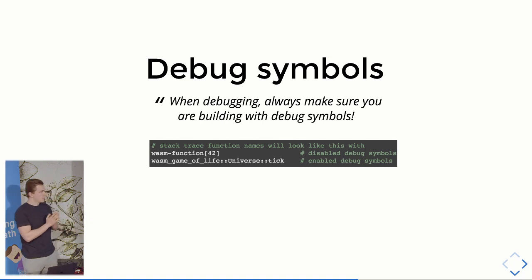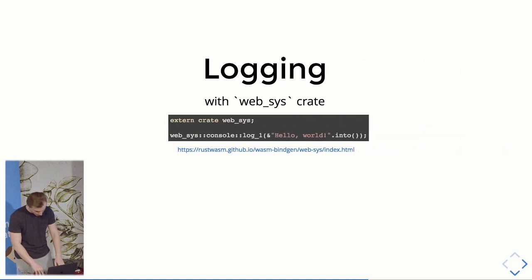And first thing that you will most likely do is to enable the debug symbols, so that when you have a stack trace of the error, you'll actually see the real name of the functions instead of some irrelevant numeric value. So that will help a bit to debug the problem.